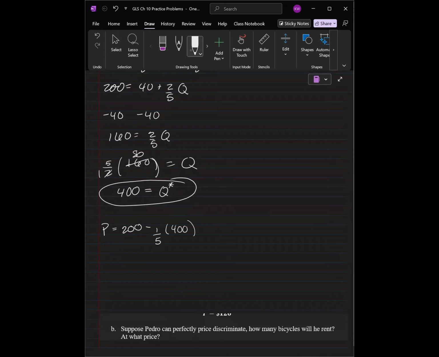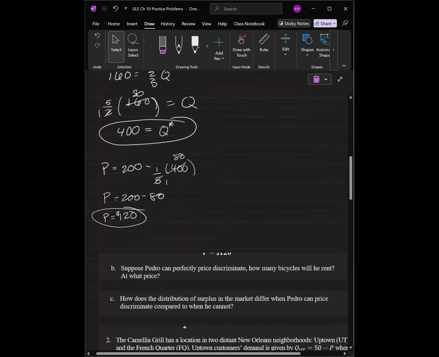So we have 400 divided by 5. That's going to give us 80. And then 200 minus 80 gives us a price of $120. All right. So as a single price monopolist, Pedro's profit maximizing output is 400 and his profit maximizing price is $120.